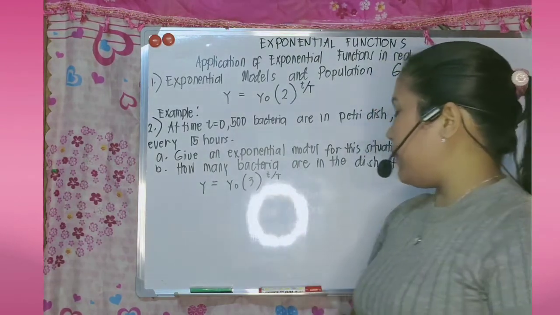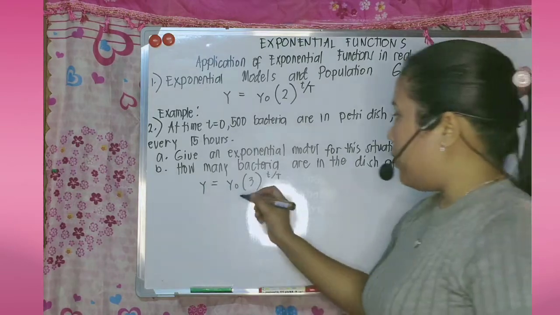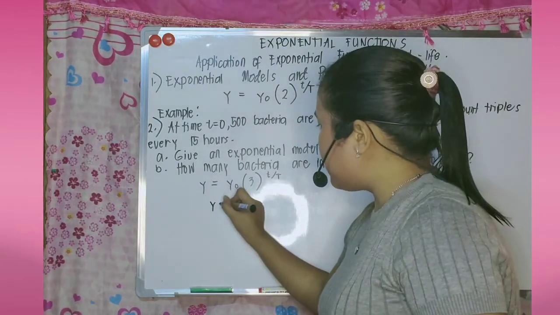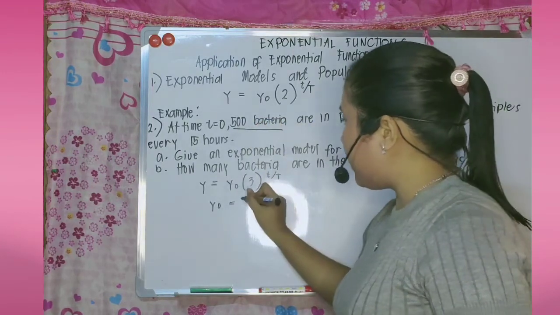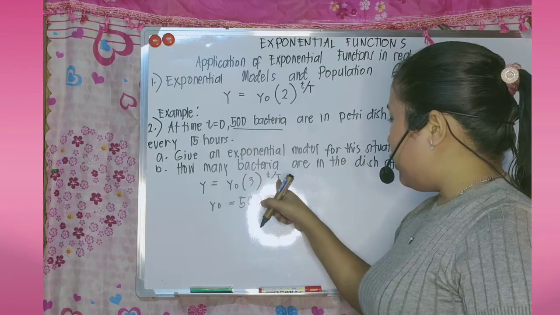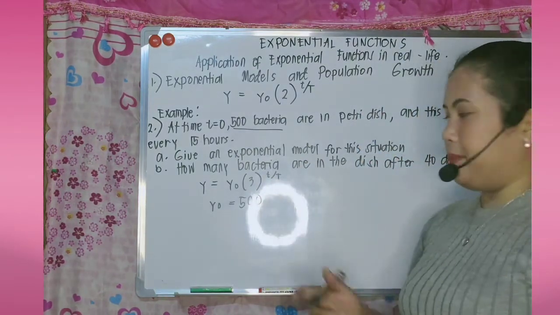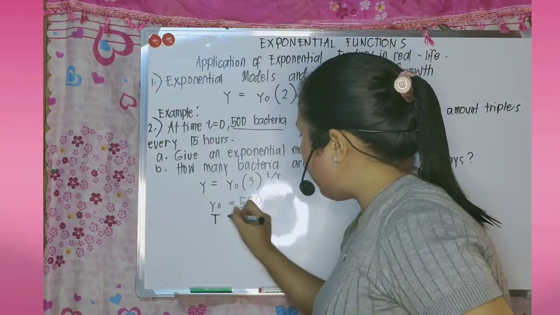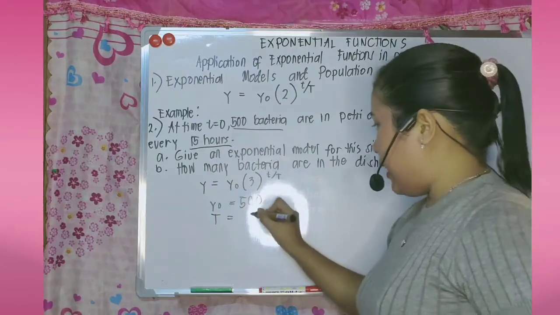So, now, hahanapin natin, ano ba yung value ng y sub 0? Okay po? So, yung value ng y sub 0 is 500. Ito siya, 500 bacteria. Then, yung malaking letter T, or yung number of time. So, T equals, ano po kaya siya dyan? Ito dito sa 15 hours. So, 15.